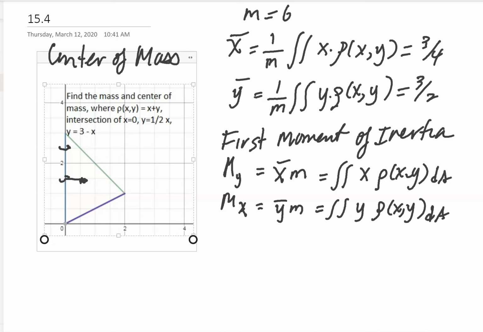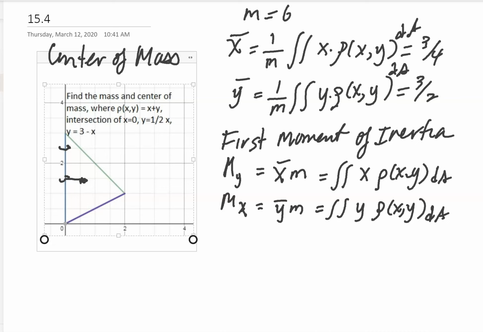And so you have something similar for y bar, and this equation is very closely related to what we have up here. But one thing to observe is that when we multiply by the opposite coordinate, the moment of inertia about the y-axis is this integral here, but it contains that x multiplied by the density function and then dA, and I guess we should put dA also in these equations up here.